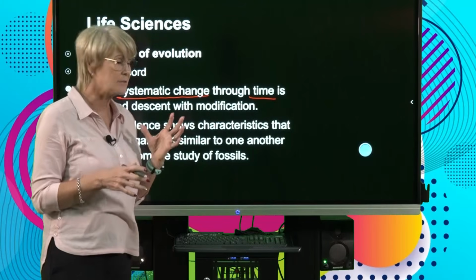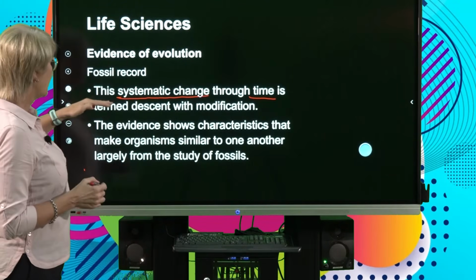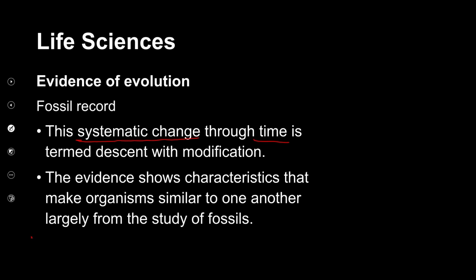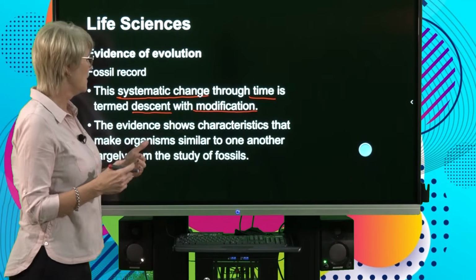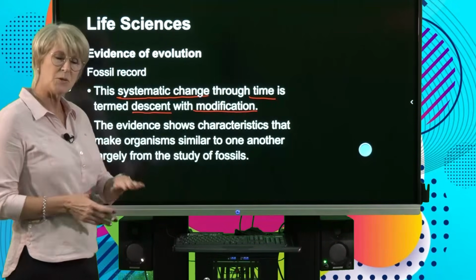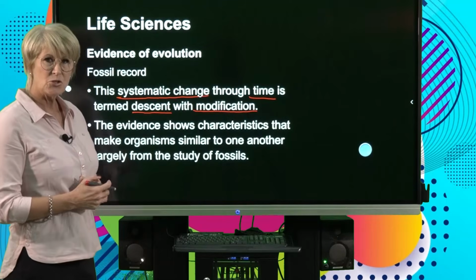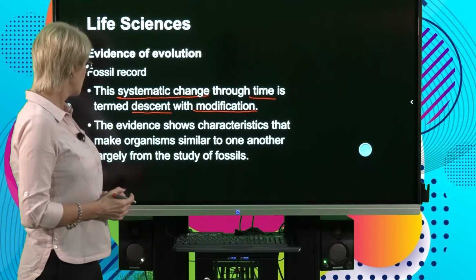This systematic change through time is termed descent, which we said is when you descend from something else, with modification. When we look at the fossil record, we can see changes in the body structure of organisms. That modification, we said earlier, was due to genetic changes.